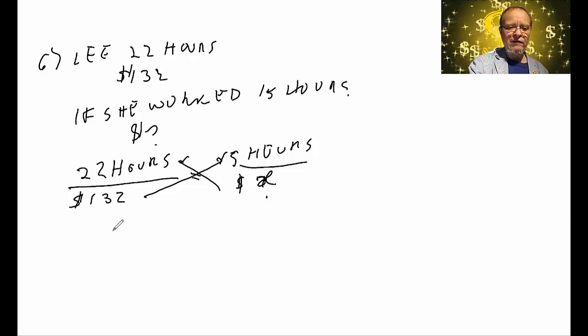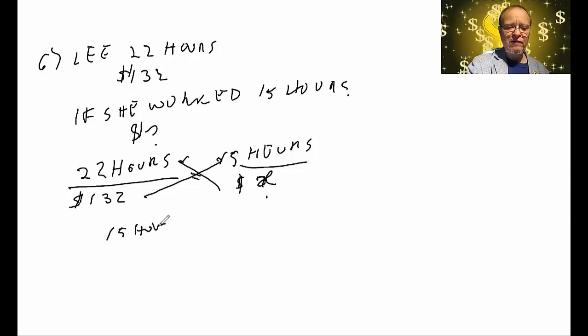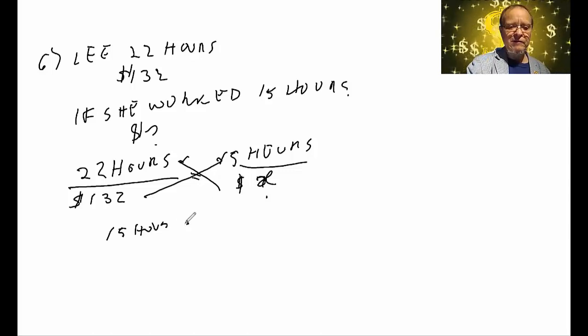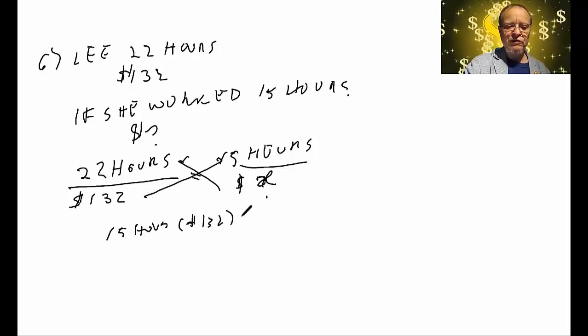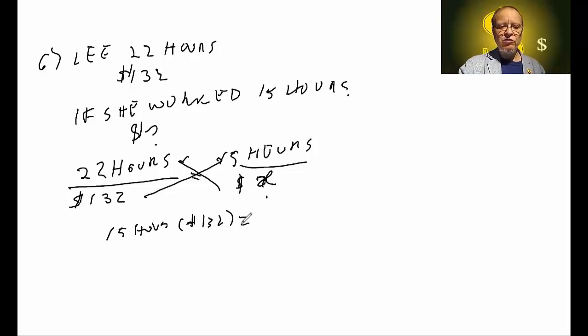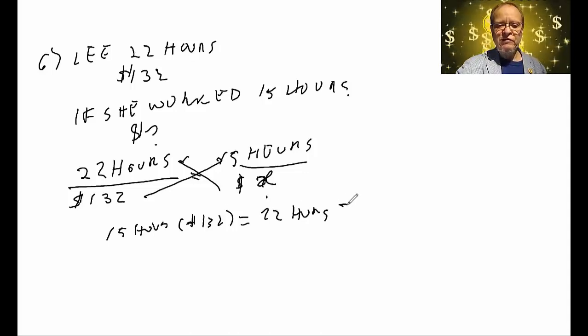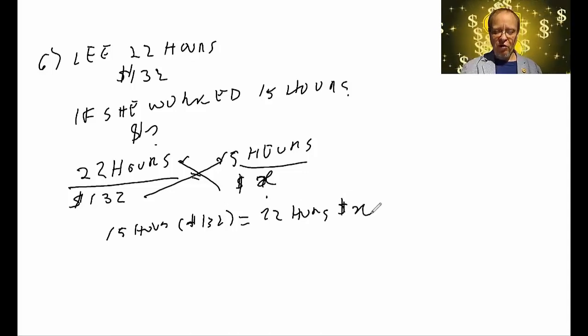We get 15 hours times $132 is equal to 22 hours times we don't know how many dollars.